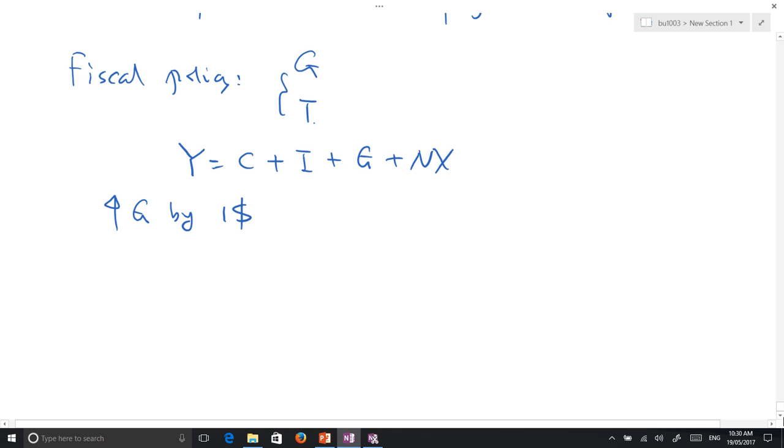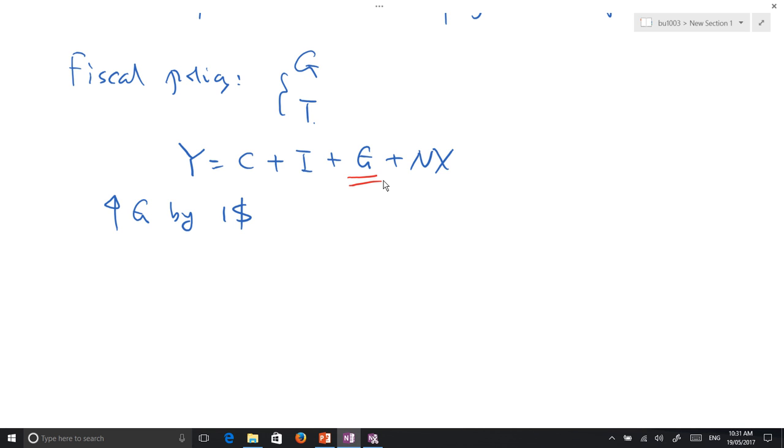Immediately, aggregate demand increases by $1 because there's a G here. So increasing or decreasing spending will affect the aggregate demand immediately.